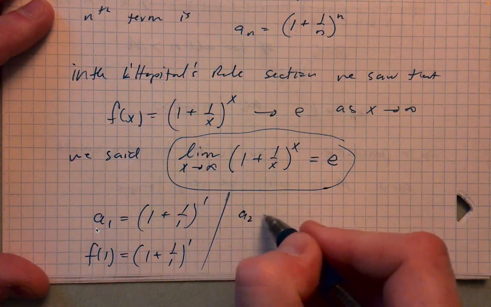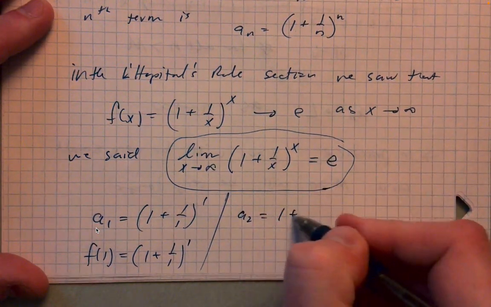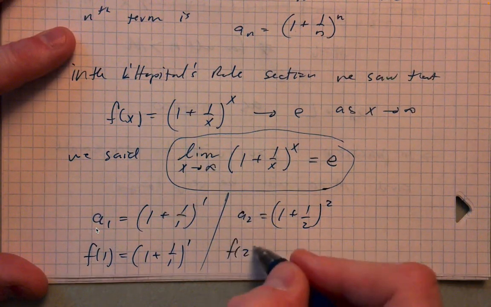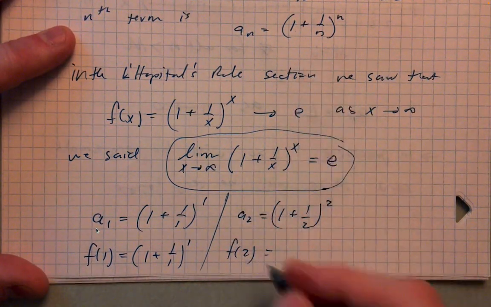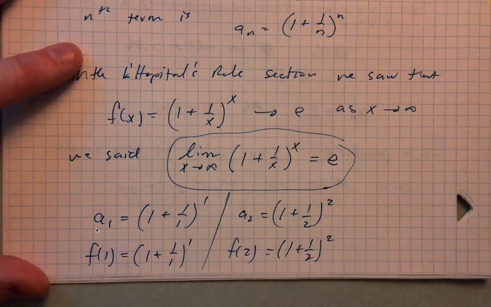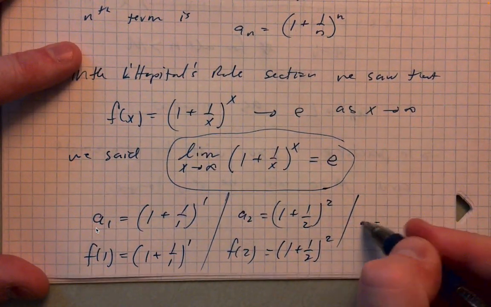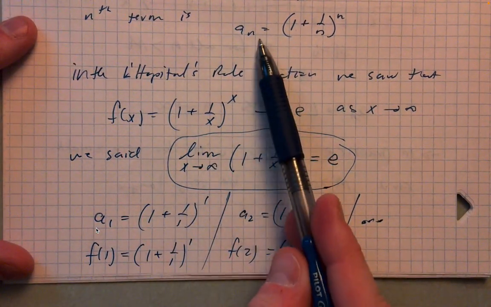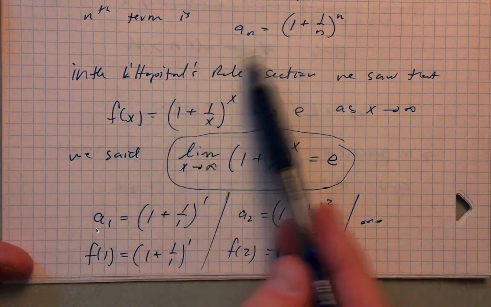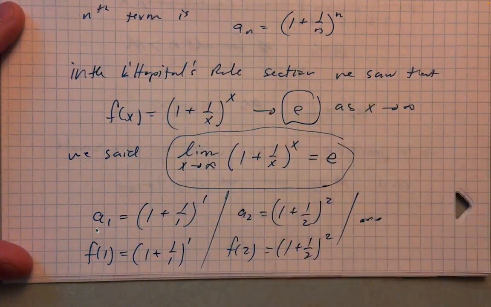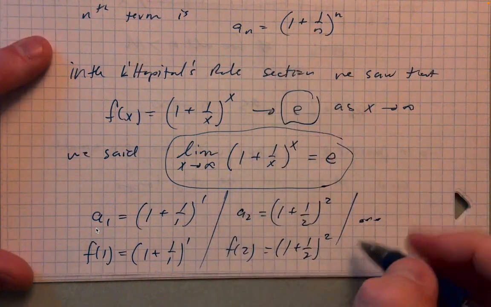A of 2 is going to be 1 plus 1 over 2 to the second power, and then of course f of 2 will be the same, 1 plus 1/2 squared, and so on. This continues on. So basically, this sequence agrees with this function at all of the positive integers and natural numbers. So that means that this limit is also going to be the limit of the sequence.